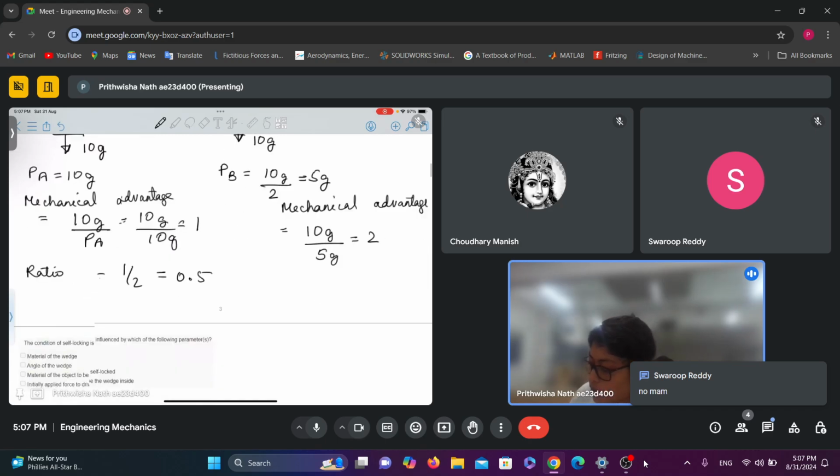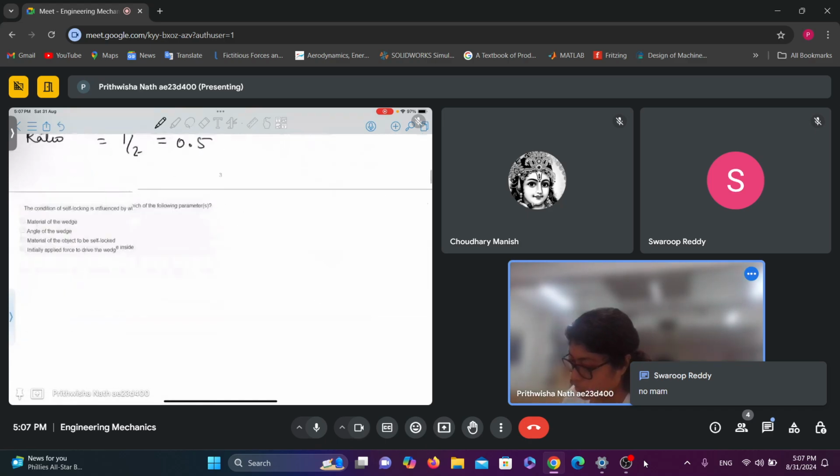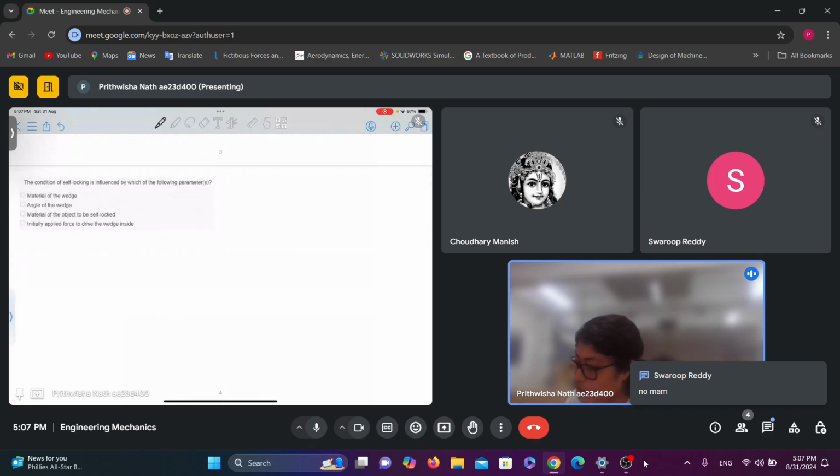Okay, so the next problem. The condition of self-locking is influenced by which of the following parameters? Now this is a very simple question. Can you answer which are the following parameters?